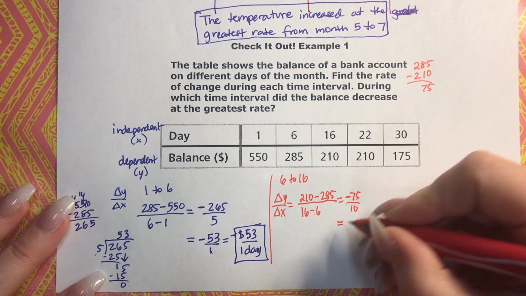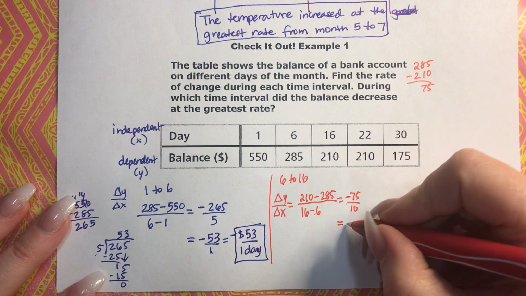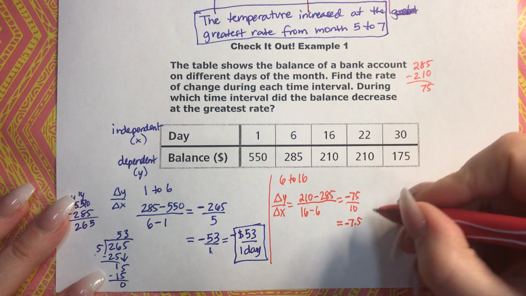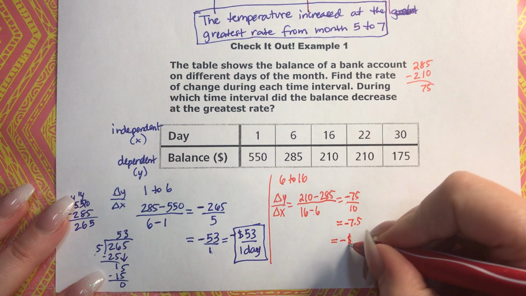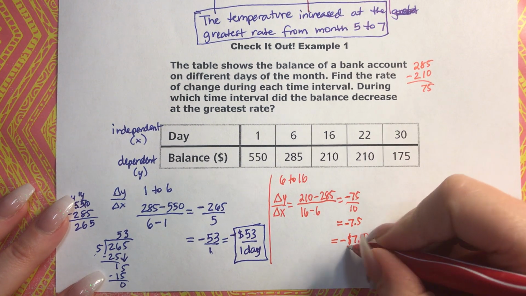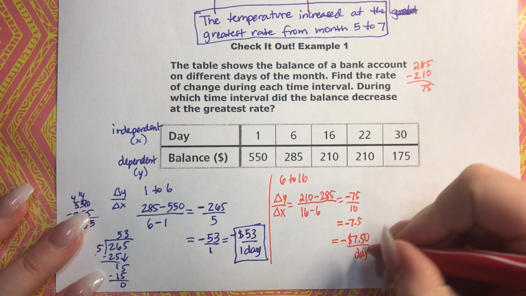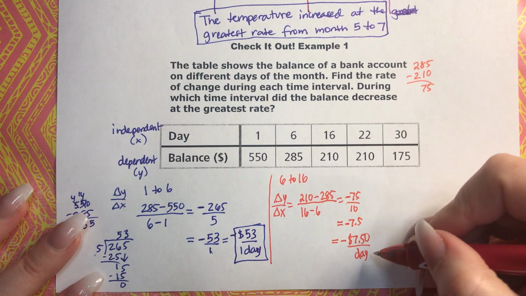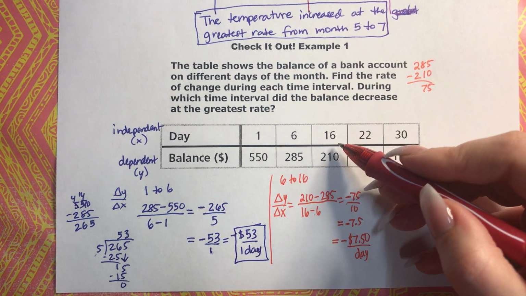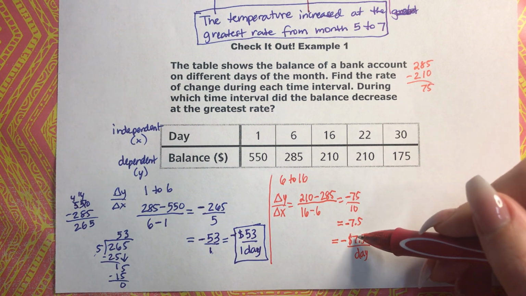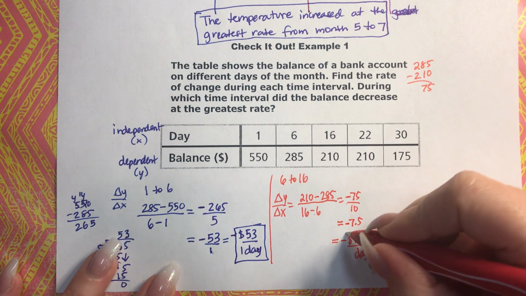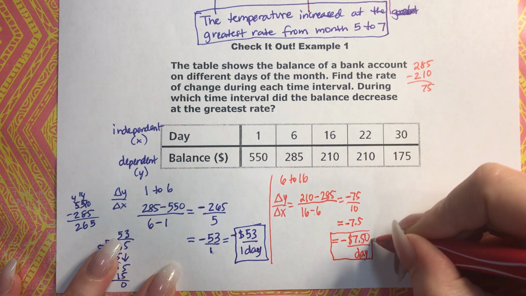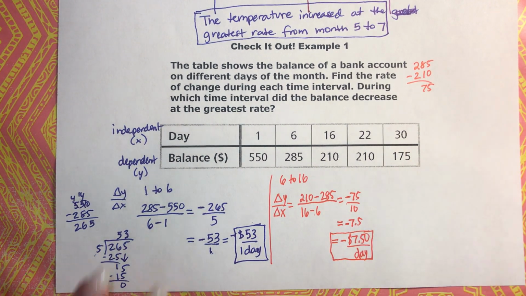So if you divide this by 10, it's going to be negative 7.5, which is the same thing as losing $7.50 per day. So during this period, from 6 to 16, the rate of change was losing $7.50 per day. So that was the rate of change during that time period.